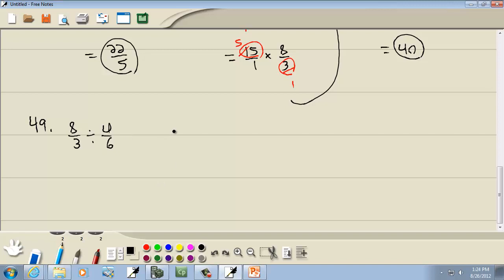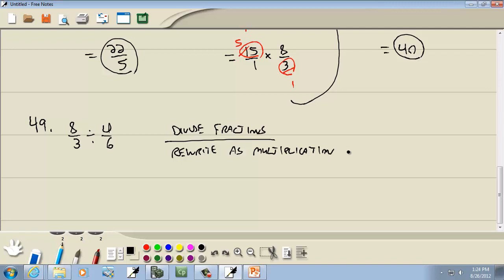Okay. To divide fractions, we're going to rewrite as multiplication by flipping the second fraction.